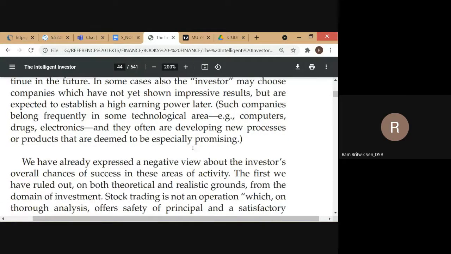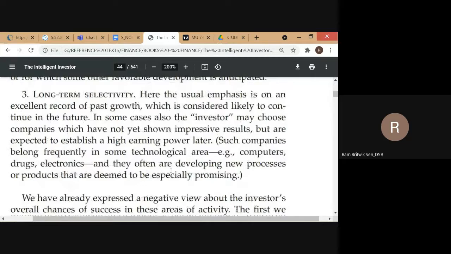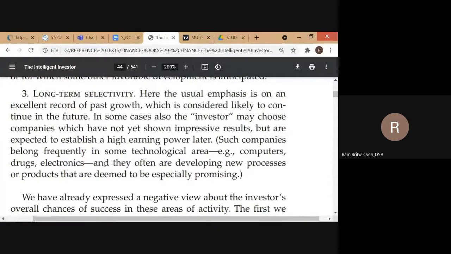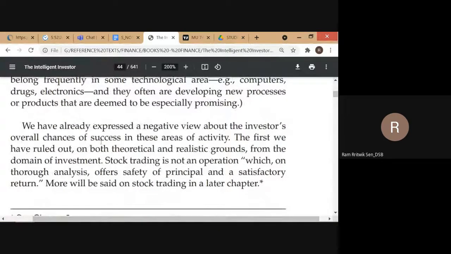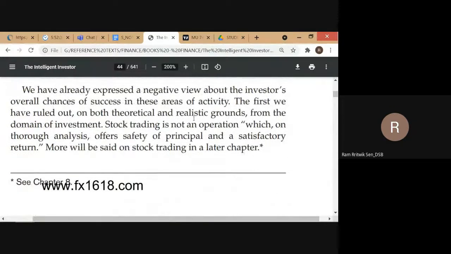It's a little bit like what happened in the internet boom. He's basically saying don't try to be so smart. It's not an operation.